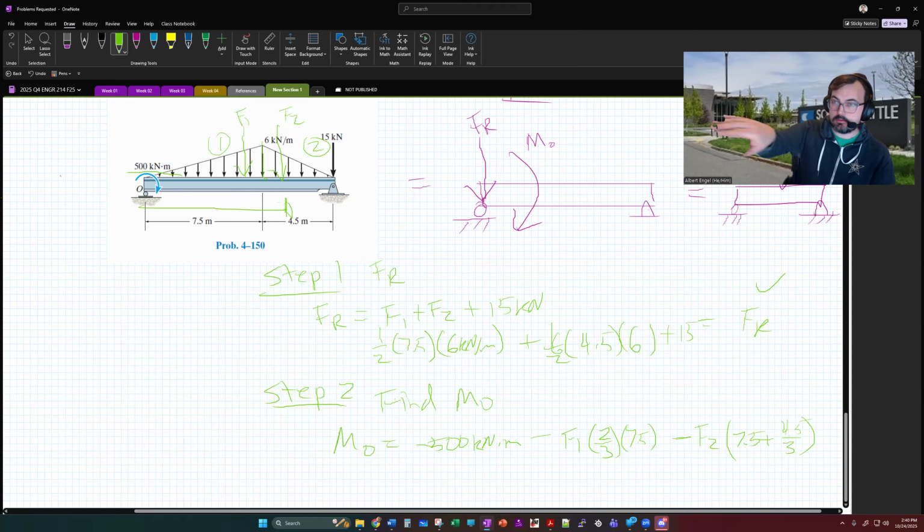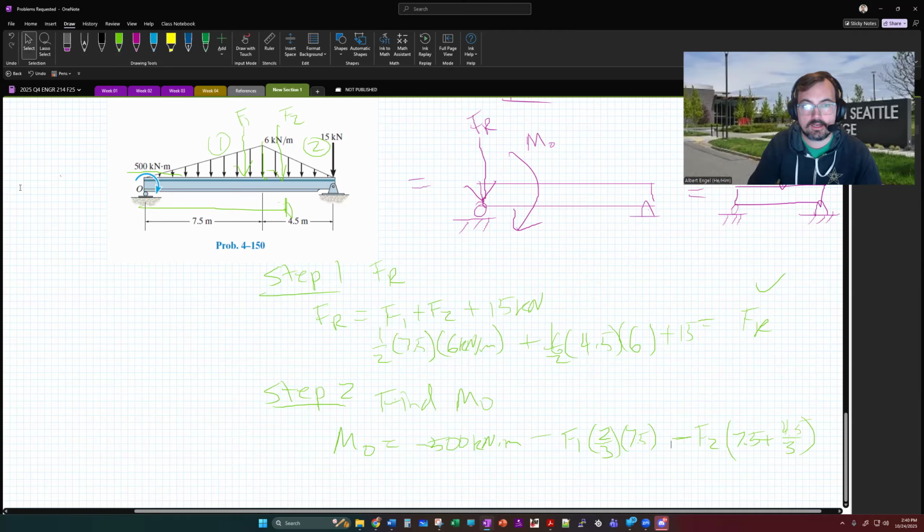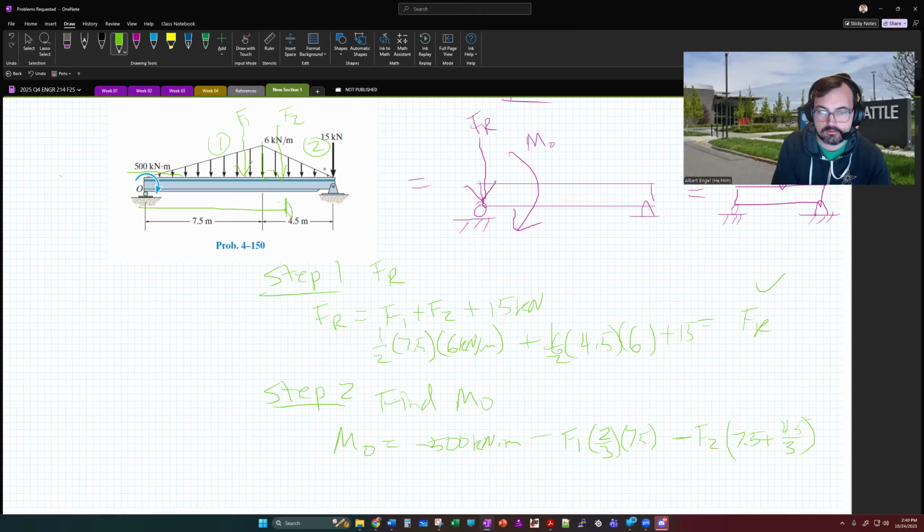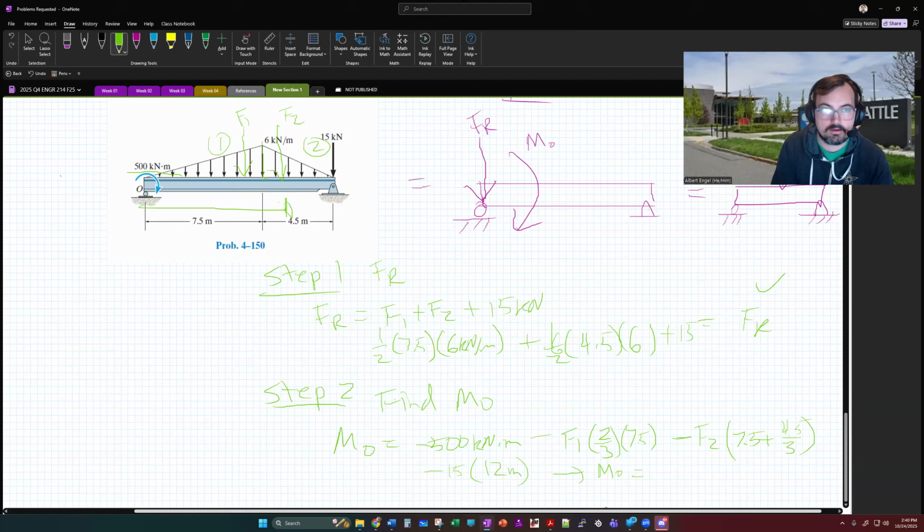You can use that right-hand rule to prove that to yourself. So I'm going to get a pretty negative number here. And then I've also got that 15, so I don't want to forget about that lever arm. 15 times its lever arm, which is the full 12 meters in this case. My answer is going to be the resultant moment in kilonewton meters here.